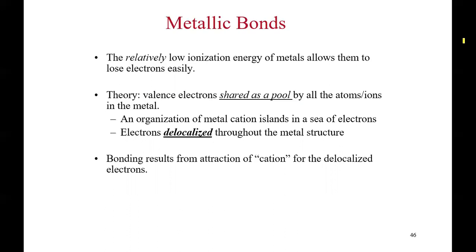In other words, the model proposes that the electrons are delocalized. The valence electrons are not attached to each atom that they belong to. They are spread out throughout the metal structure. And so you have these cation islands that are strongly held and attracted by this sea of delocalized electrons.